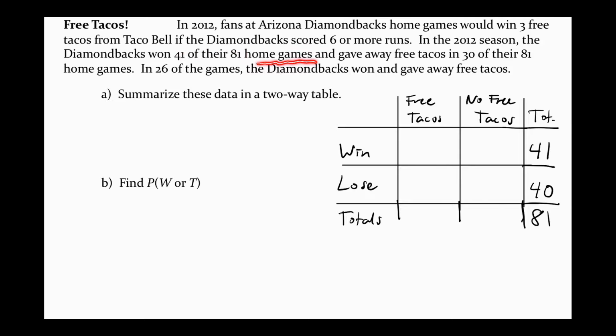Let's keep going here. Free tacos were given away in 30 of 81 home games. The total free tacos was 30. That means in 51 of the games, there were no free tacos.